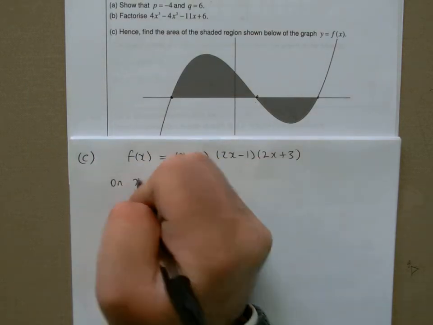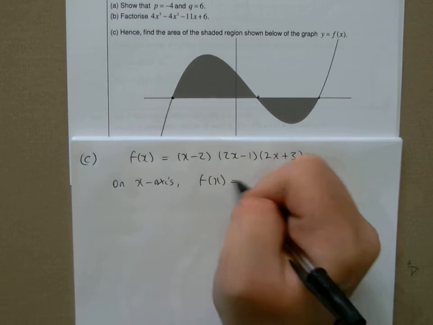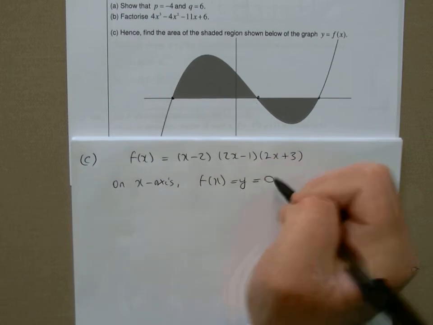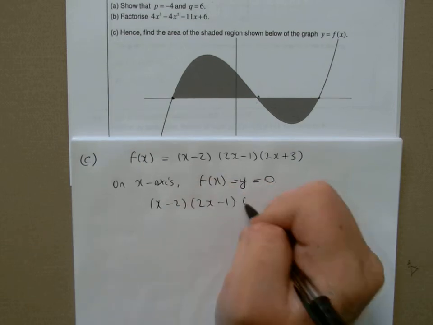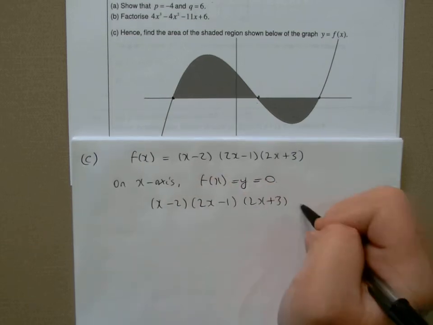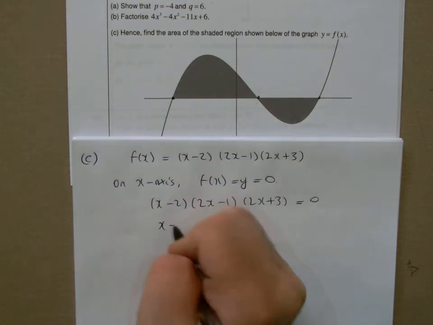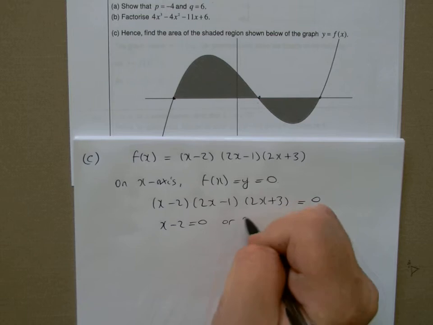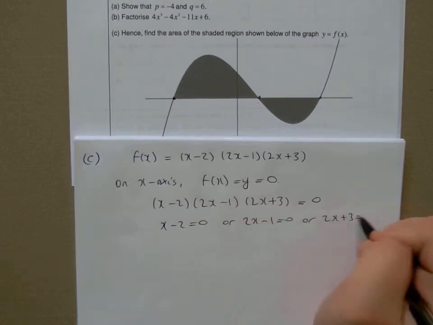So we say, look, on the x-axis, f of x, which is equal to y, of course, will equal 0. So in other words, x minus 2, 2x minus 1, 2x plus 3, so our answer from part B, will equal 0. So that means x minus 2 will equal 0, or 2x minus 1 will equal 0, or 2x plus 3 will equal 0.